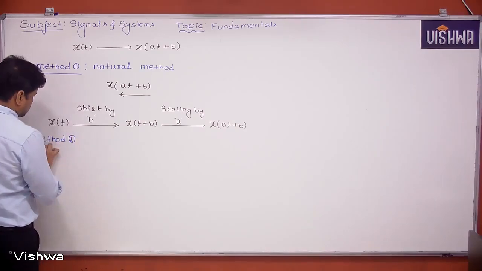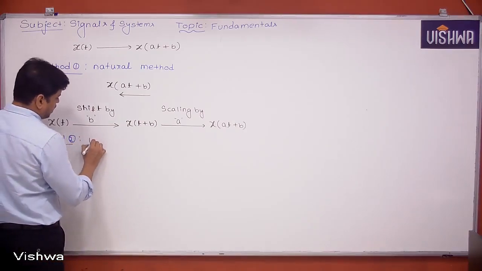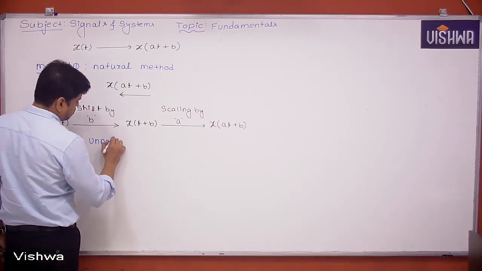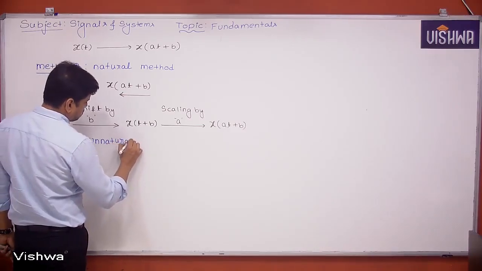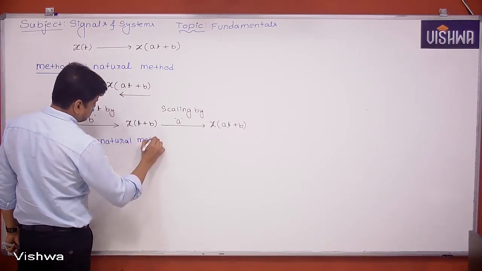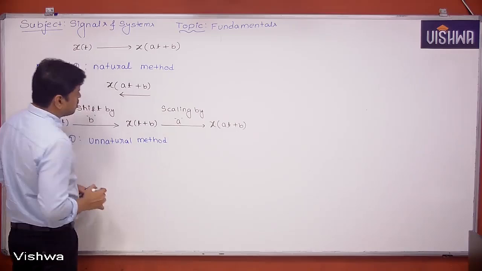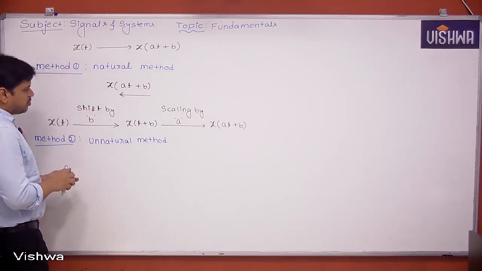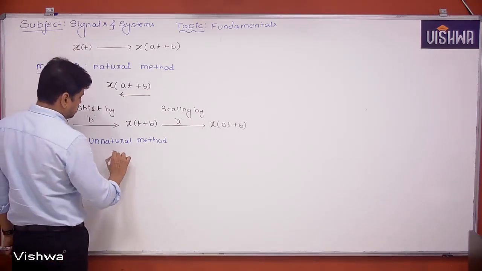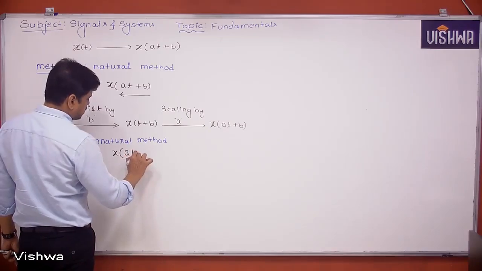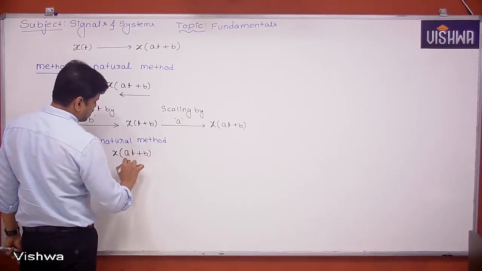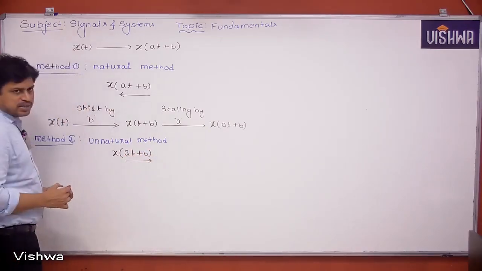Next, method 2, which we call the unnatural method. In the unnatural method, we go in the opposite direction. X of at plus b, in this direction. First scaling, then shifting.